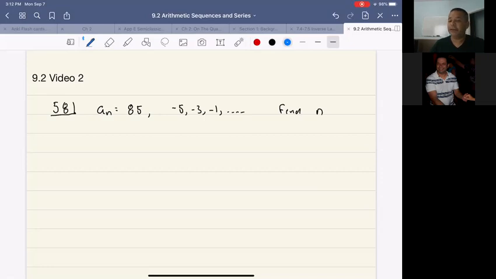Okay, so the first thing we're going to do is find our formula for a sub n. Remember, a sub n is a sub 1 plus d times n minus 1. That's our formula when we have an arithmetic sequence. We know this is arithmetic because it goes up by 2. So our d is 2, and our a sub 1 is -5.